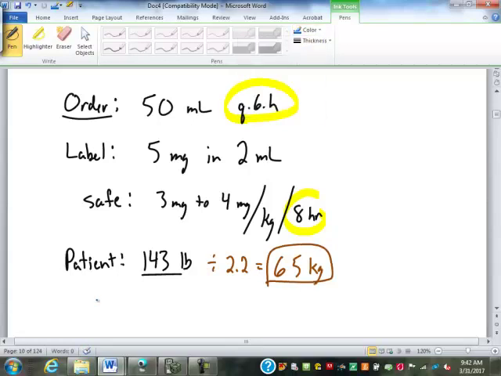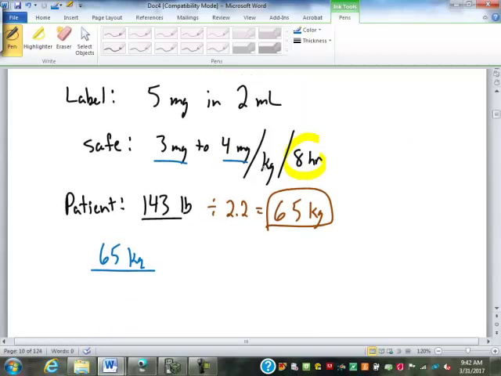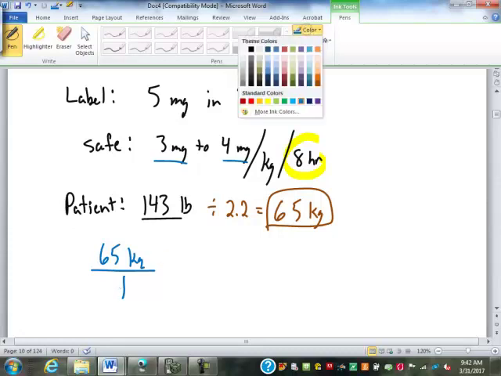So we're going to start with that 65 kilograms. And again, I have to pick either the 3 or the 4. I am in the habit of using the larger of the two numbers. Like I said in the last example, it really does not matter which one you use. I'm going to go ahead and use the 4.